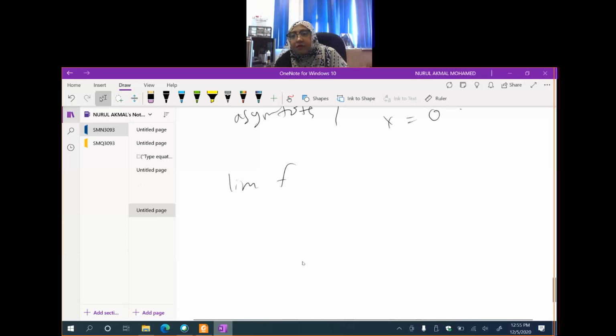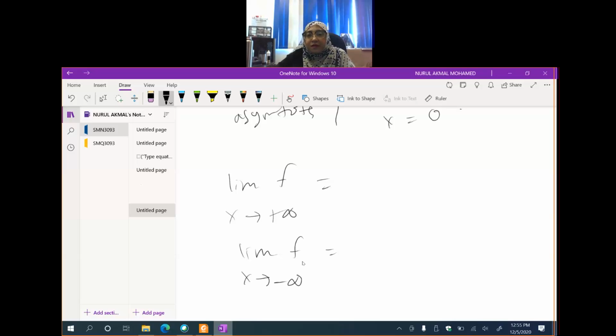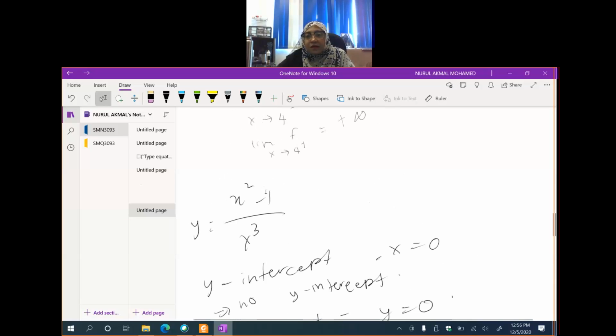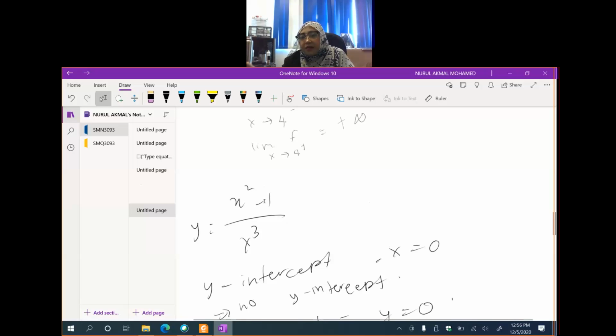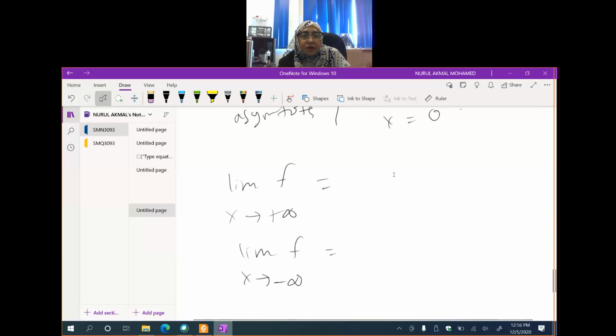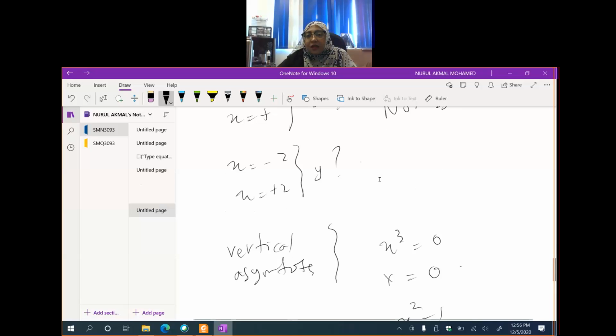Horizontal asymptotes is when the limit of f(x) tends to plus infinity, as well as the limit of f as x tends to negative infinity. Okay? So x squared minus 1, divided by what?